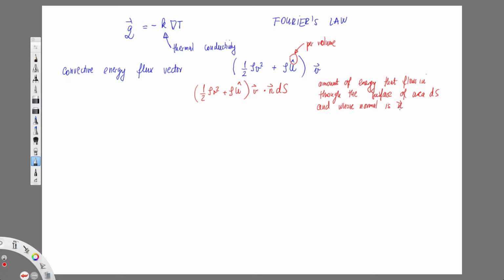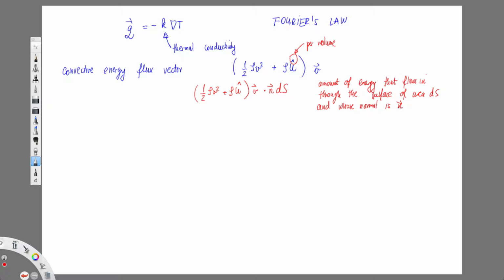We already have the notion that viscous friction could literally heat up my element, and we will quantify that as the work of the molecular forces. If we remember, the way you get work is you have a force vector and you dot it with the trajectory along which you're going to do that.